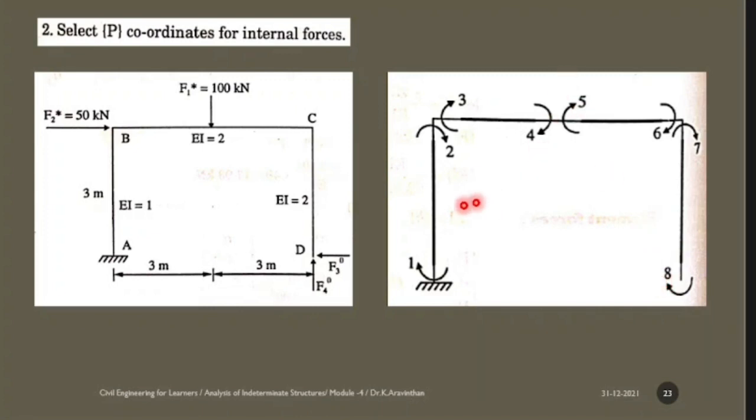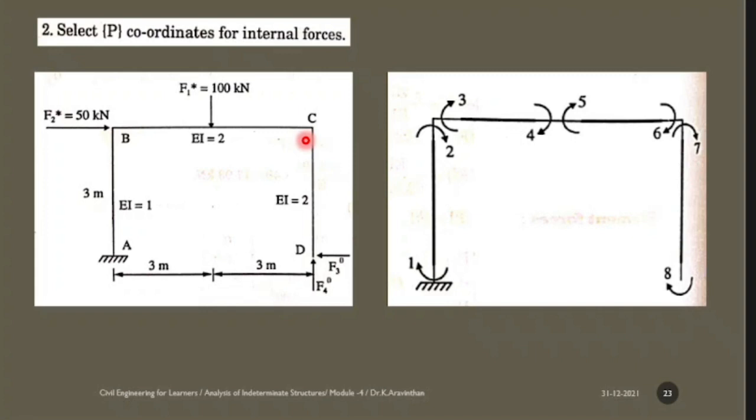Note that in the case of a continuous beam, you took the joints. So wherever you have joints, you considered it as a span and you considered it as an element. But in the case of the framed structure, you can observe here AB is a span and it is taken as one element, and in one element you will have 2 nodes. And at BC you are not finding the fixed end moment, isn't it?